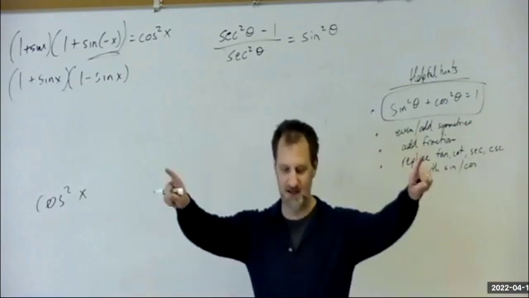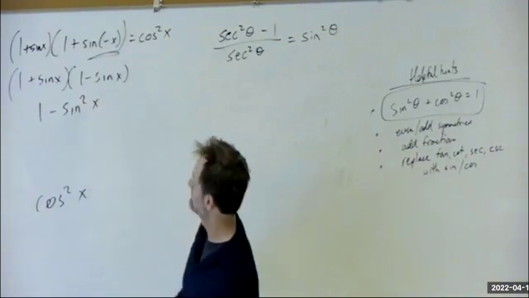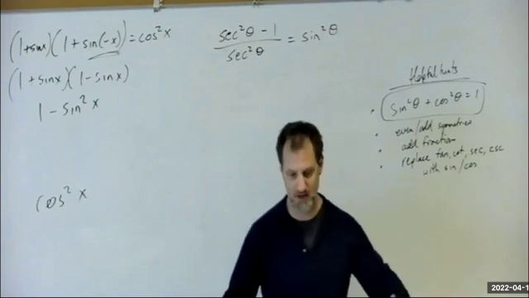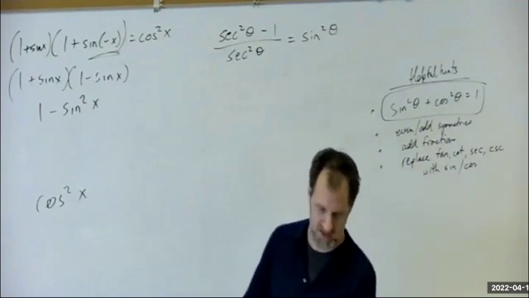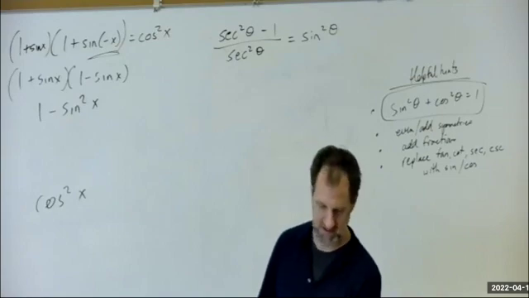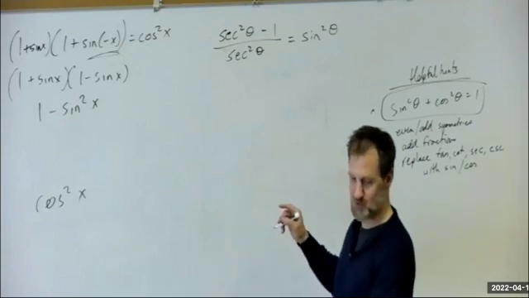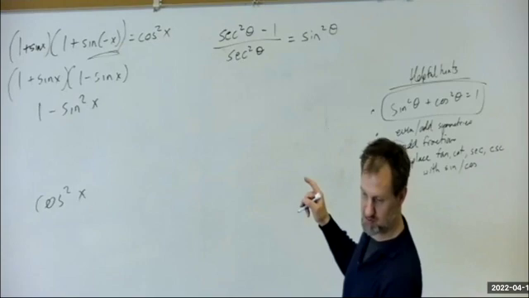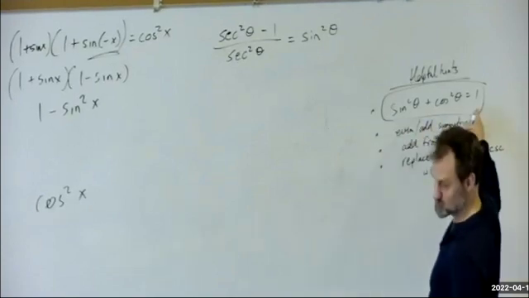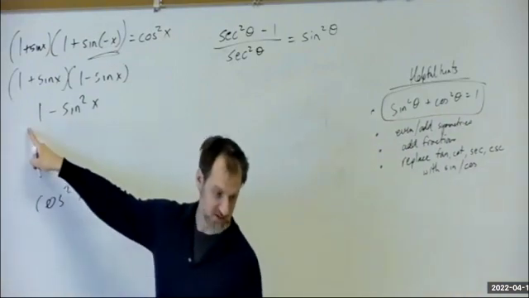Multiply it out. That is the difference of squares: 1 minus sine squared x. You can multiply it out if you want, you get that cancellation in the middle, but you're free to use your knowledge about the difference of squares to just jump right to it. Okay, it's not an equation, but there's a couple ways we can do it. We can use sine squared plus cosine squared equals 1, so we could replace 1 with sine squared x plus cosine squared x.